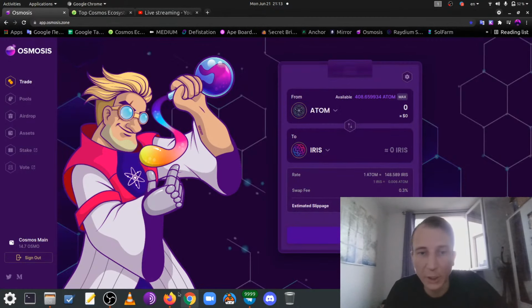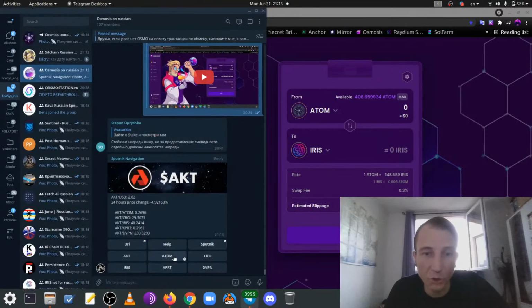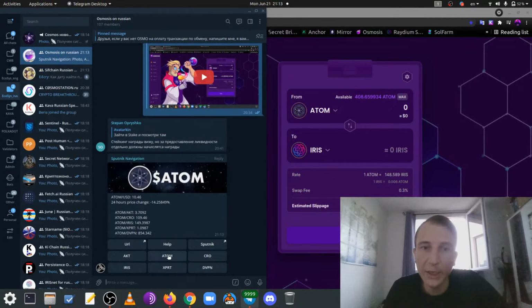Here we click on atom, and now we know that for one atom we can get 3.7 Akash or 109 Crow or so much Iris or so much XPRT or so much DVPN by the common market prices.